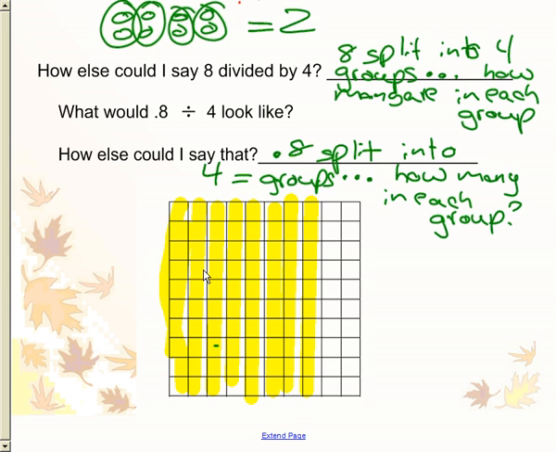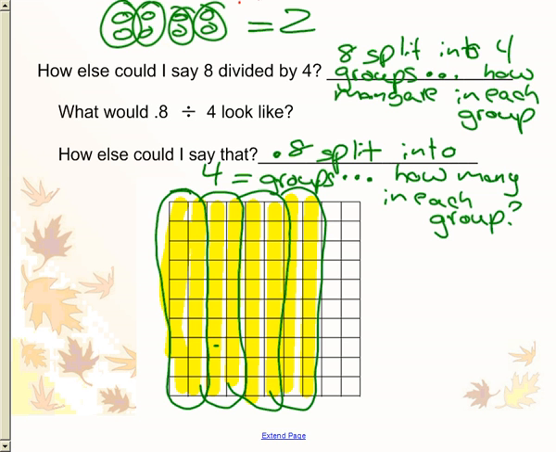Okay, now if I take 8/10 and I divide that into 4 equal groups, let's see how we might do that. Since I have 8 rows across, let's just say that each group is 2 rows. So there's 1 group, 2 groups, 3 groups, and 4 groups.